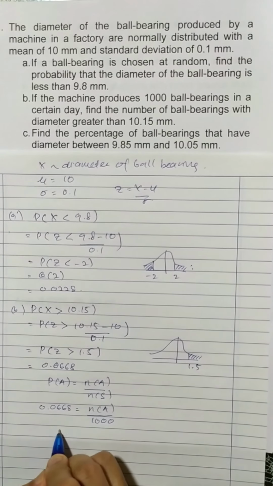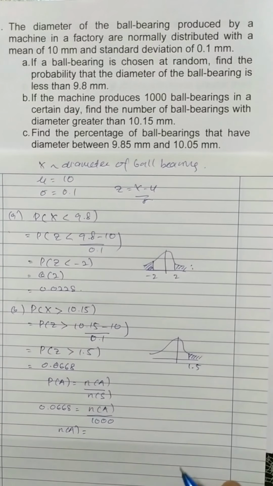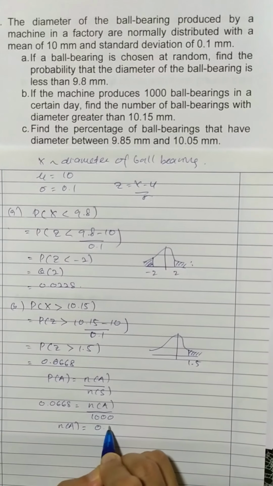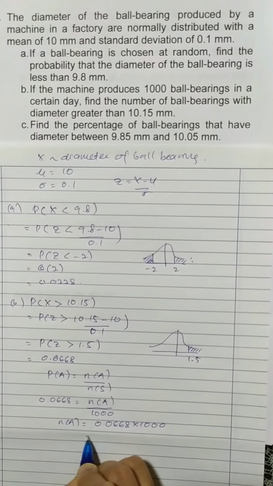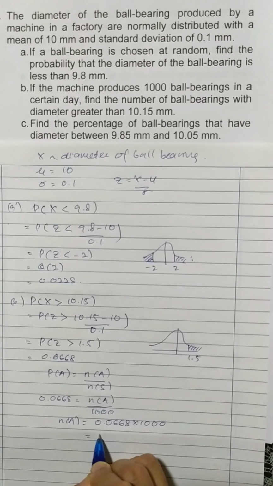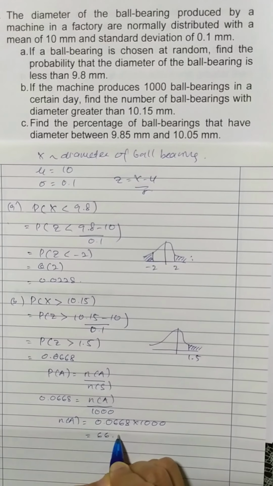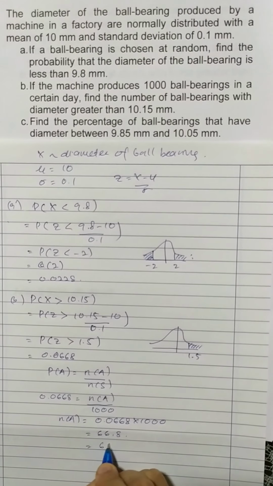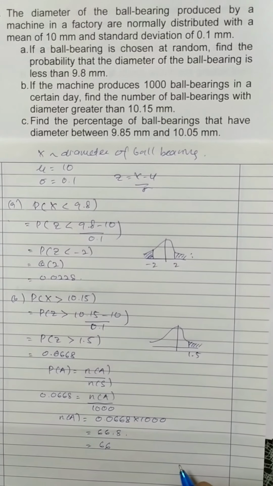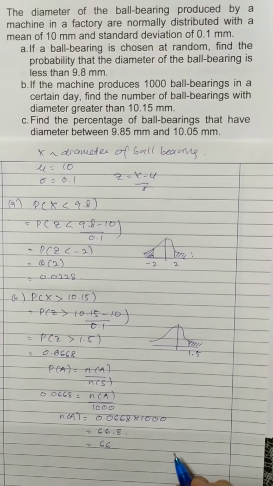Therefore the number of ball bearings is 0.0668 times 1000, which equals 66.8. We take 66 because 0.8 is not a complete ball bearing.